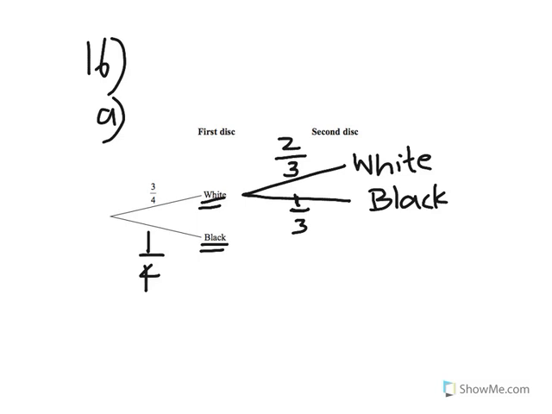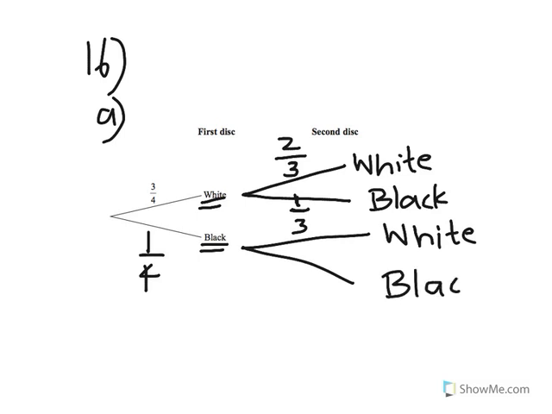And the same thing with the black disc. So let's say he picks a black disc out first. Now he has a probability of picking out a white disc. Again, he hasn't replaced it, so it's out of 3. But now there's a 3 out of 3 chance of him picking a white disc and a 0 out of 3 chance of him picking a black disc, because all the blacks are out of the bag and now there's only whites in the bag.